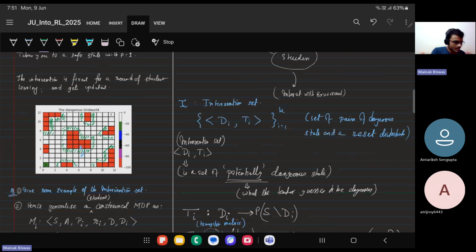So this could be an exemplar. And you could just say that once you go to the state, you get back to the back states with a small negative reward.